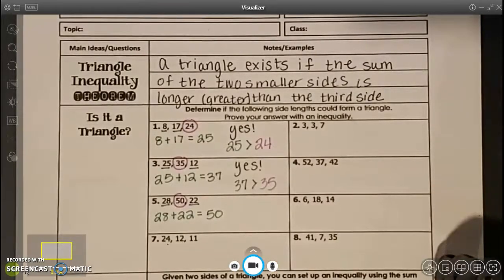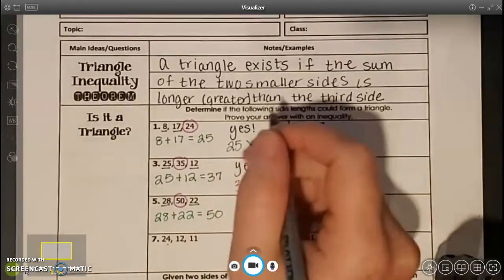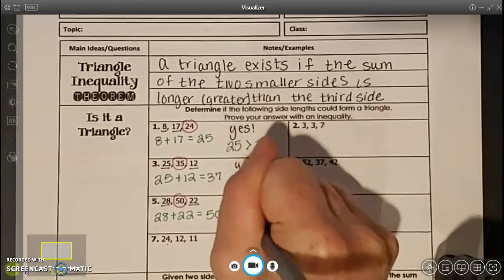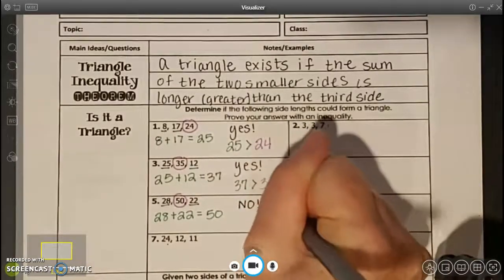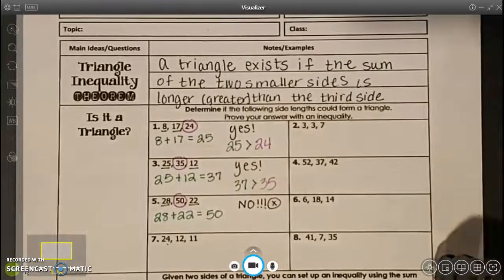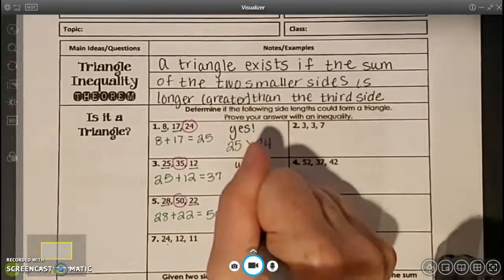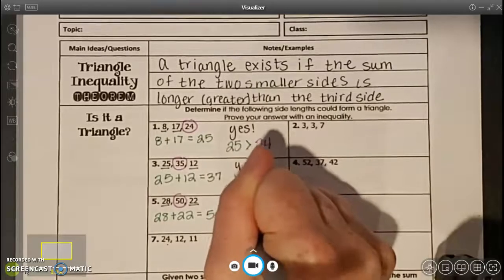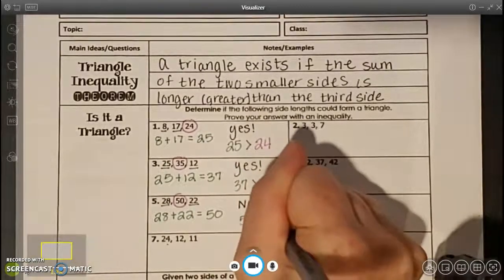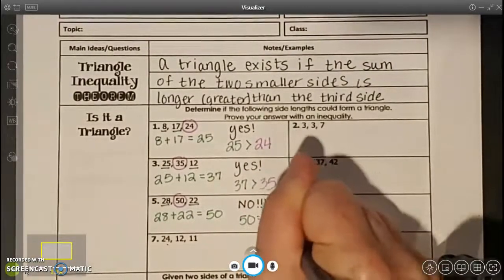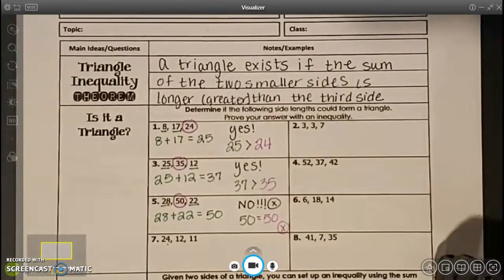That answer is no. 50 is equal to 50, but in order for this to be a triangle, it has to be greater than 50. 50 is equal to 50, so this does not make a triangle. Okay, I put a couple X's there so you know that is no. It has to be greater than.